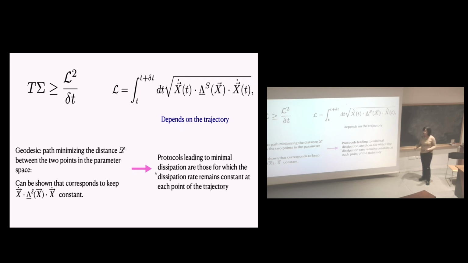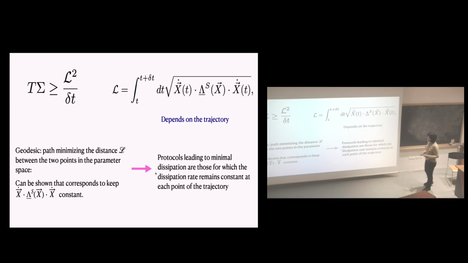So it's interesting that if you find some path such that you can cover it generating dissipation at a constant rate, then at the end you get the minimum dissipation for the whole process.